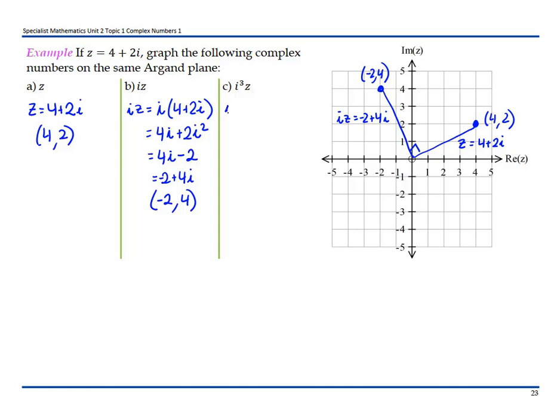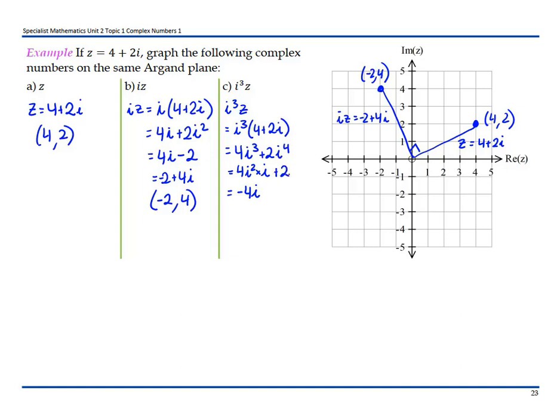Go again. i cubed z is going to equal i cubed times 4 plus 2i, which is 4i cubed plus 2i to the power of 4. 4i cubed, knowing that that is 4i squared times i, so that's negative 4i.